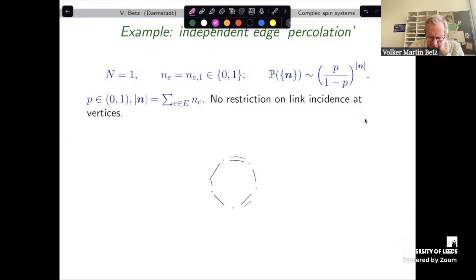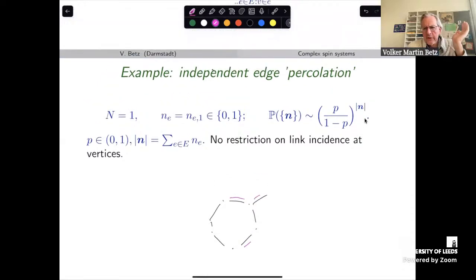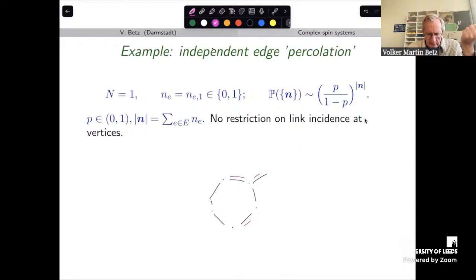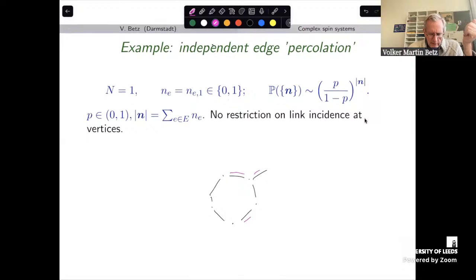Now the graph is not very interesting, but you see where this goes. I call it percolation in quotation marks because it's of course not percolation, it's just independent edges. Percolation is a question you can ask about the system, but this is not really the model. The model is just independent edges. So it's a boring model.